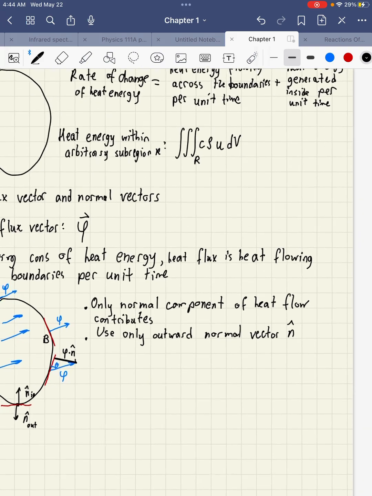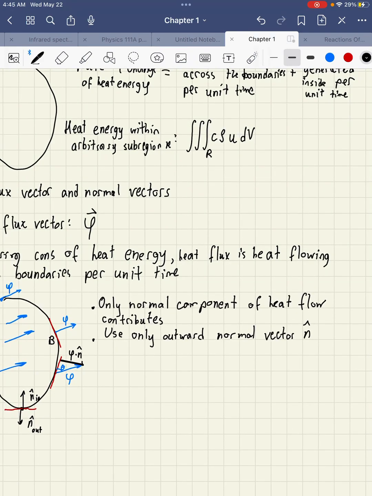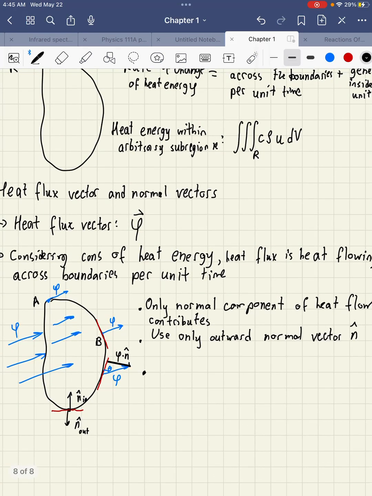Now, at each point, let's go back to our conservation point. If you notice at this point, the amount of heat energy flowing out of that region per unit of time, per unit surface area, is the outward normal component of the heat flux vector.